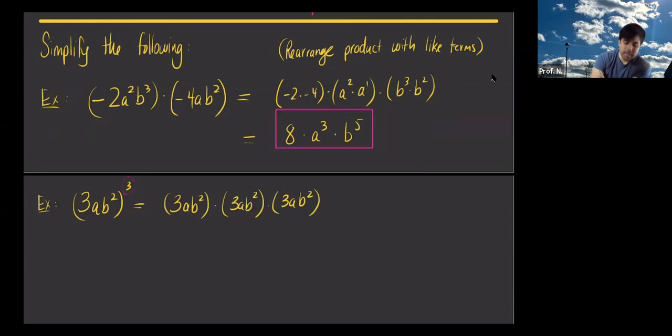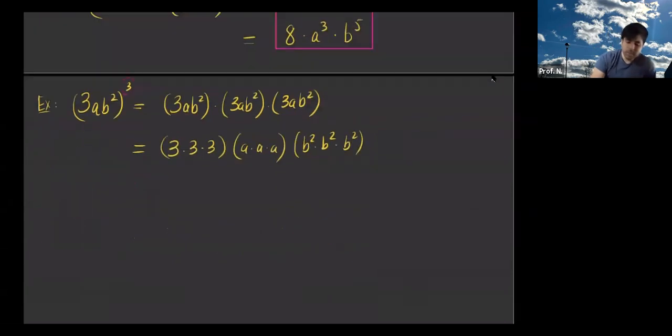And then I'm going to do the exact same thing that I just did. I'm going to rearrange it so all the 3's, the coefficients, are together being multiplied, all the a's are together being multiplied, and all the b squareds are associated with one another being multiplied. But what do you notice? What is 3 times 3 times 3? Isn't this 3 cubed? And what is a times a times a? Isn't this a cubed?